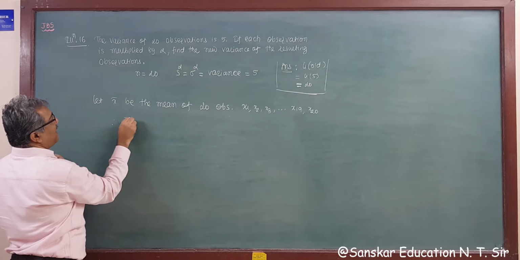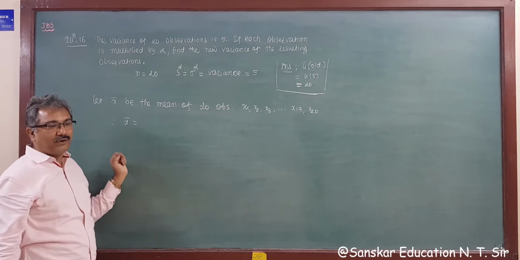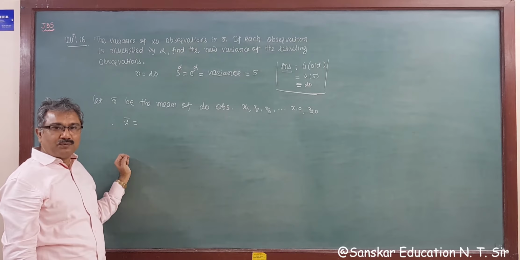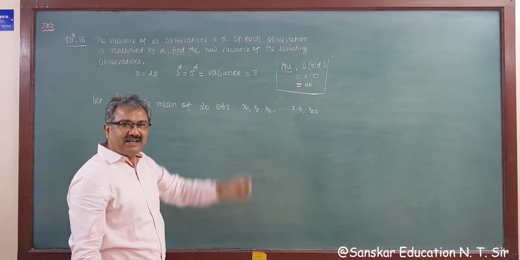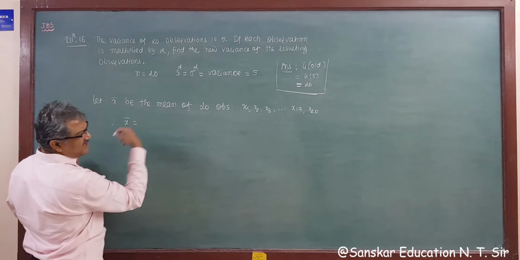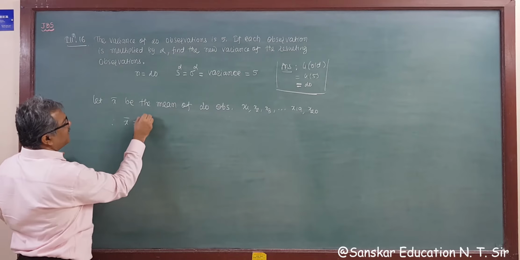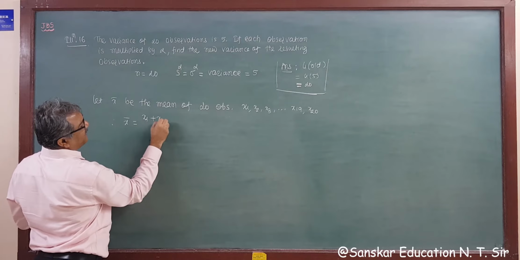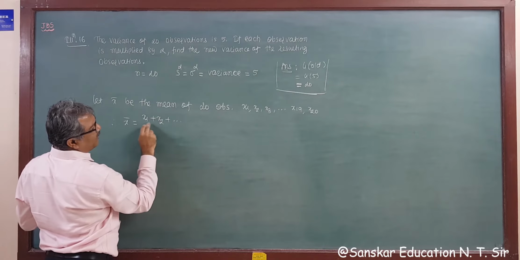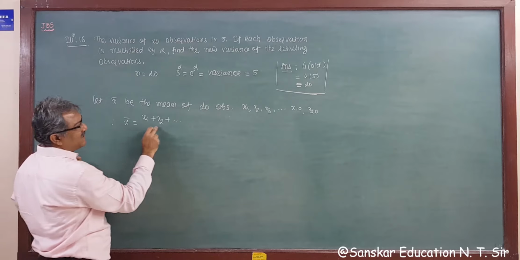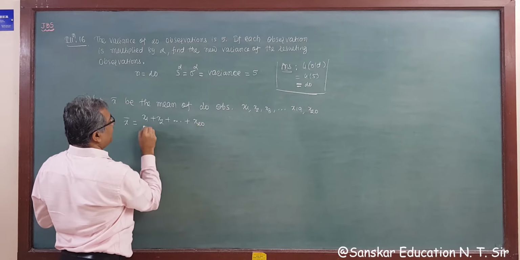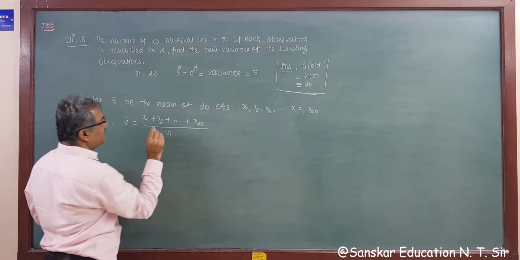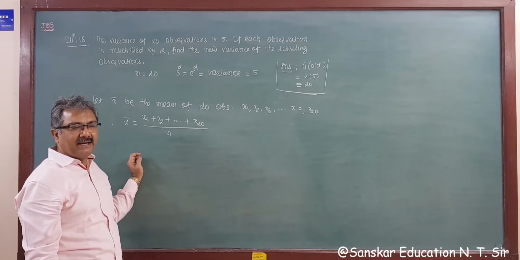Therefore x bar is equal to x1 plus x2 plus up to x20, divided by n. This is your mean.